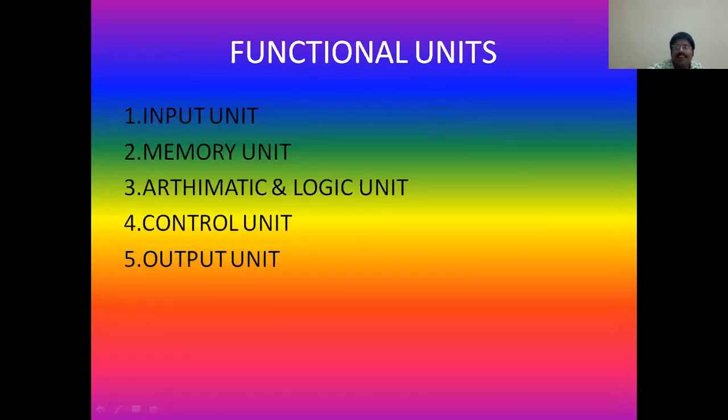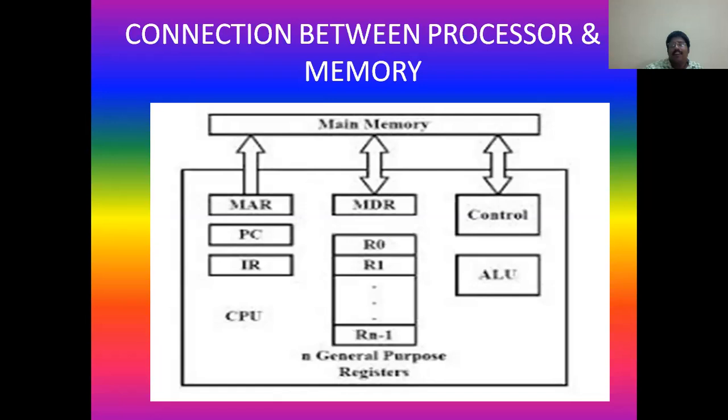But in this diagram, along with the control unit and arithmetical logical unit, there are some more components added. Except those two, the rest of the blocks that are added are all registers. Now we are going to discuss those registers one by one.